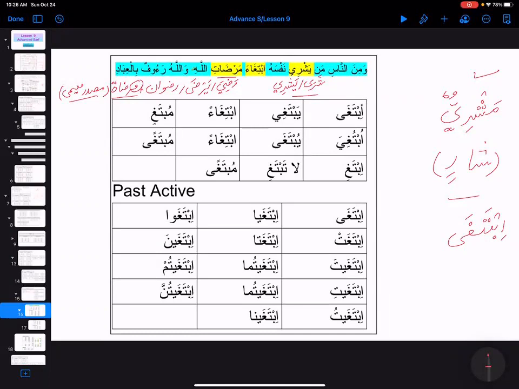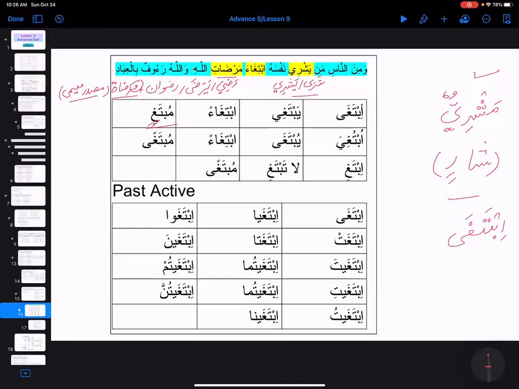Ibtagha, yabtaghi, ibtigha'an, fahuwa mubtaghin, mubtaghin, yeah, all tongue twisters. Yubtagha, ubtugha.